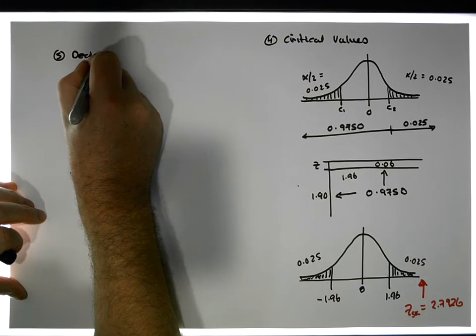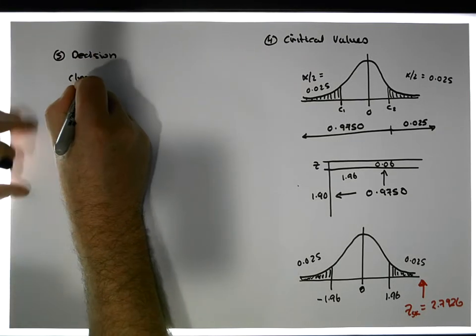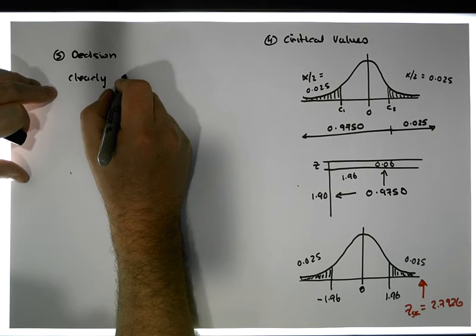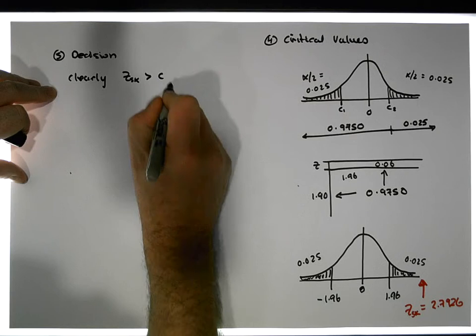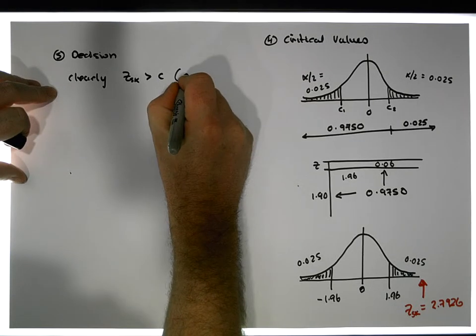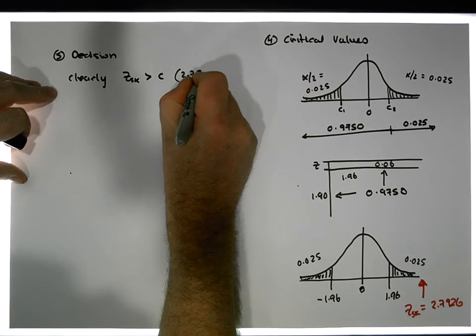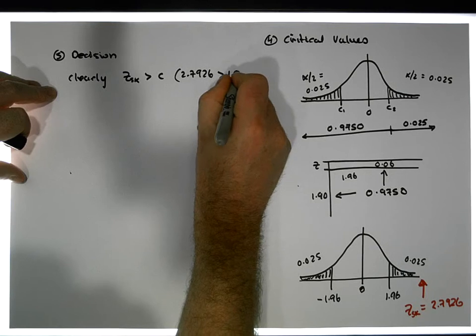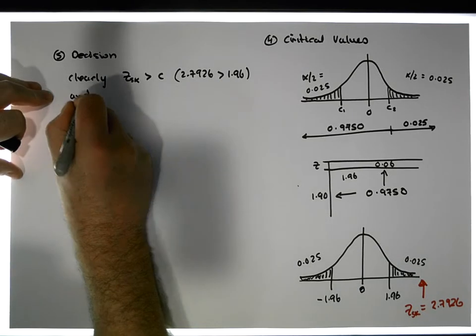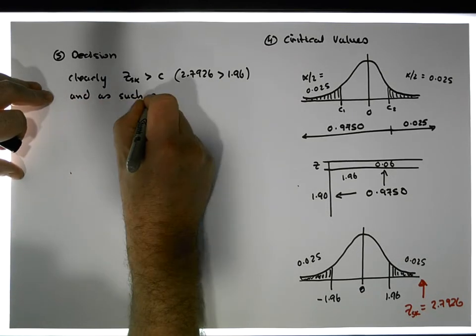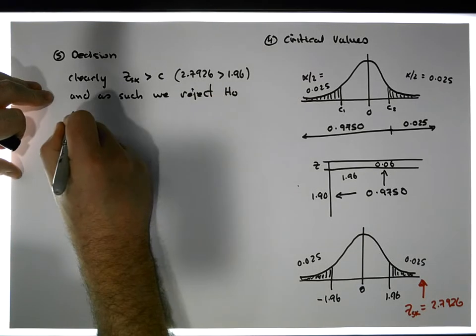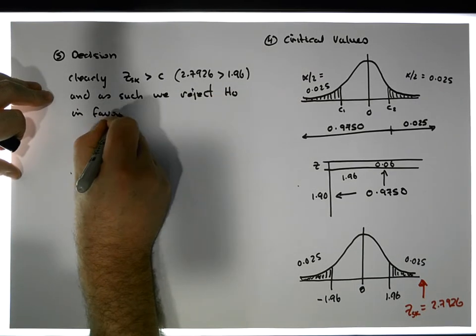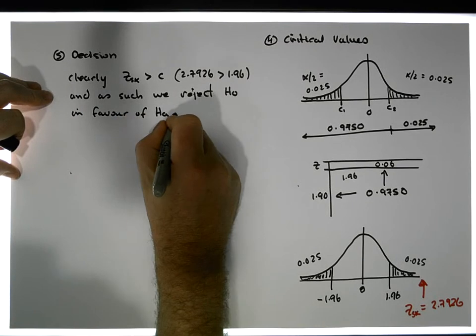And in this case here, we have clearly our test statistic, which is our Z of Sk, is bigger than our critical values. What we mean by that is that 2.7926 is bigger than 1.96, and as such, we reject H0 in favor of HA.